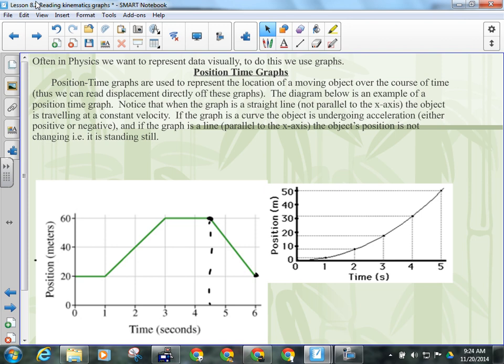Okay, if you go further each consecutive second, are you traveling at a constant speed? You are doing what? You are accelerating. Okay, so a curved line on a position time graph tells us that the object's speed is changing, because it isn't covering the same distance every second anymore. All right, so in this case, the object is speeding up.